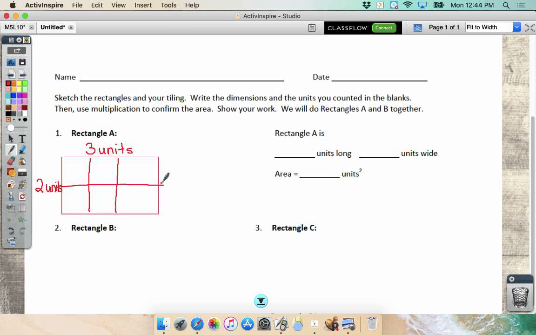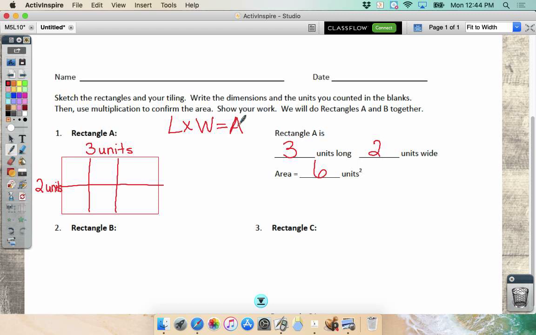No. Okay. So rectangle A is 3 units by 2 units, and that equals 6 square units. So this is reminding us that length times width equals area.